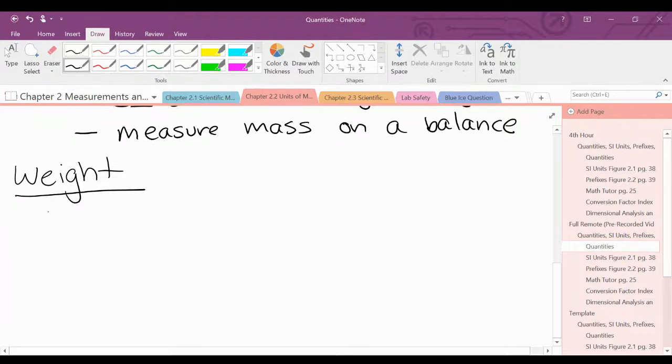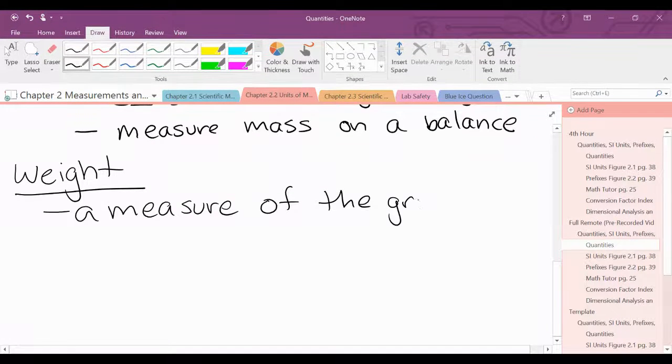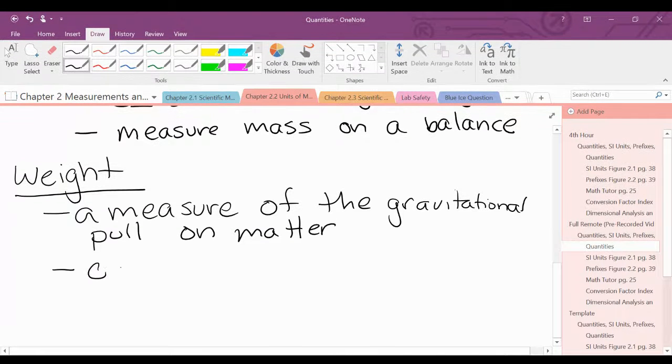We then want to look at weight. And so weight is a measure of the gravitational pull on matter. It changes as gravitational forces change.